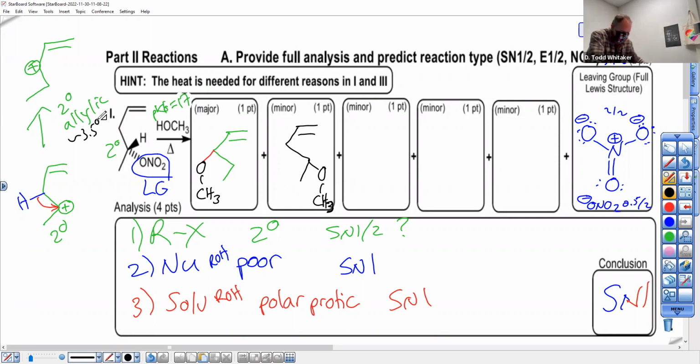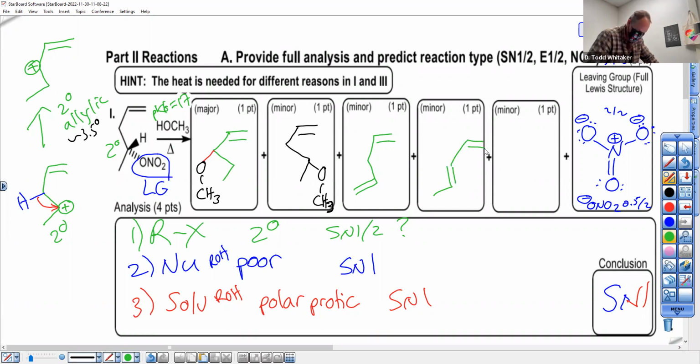Minors, you got lots of choices. I just need alpha, beta to either cation. Okay? I don't really care the order of these last three. I can go from the bottom cation and get this. I can go from the bottom cation to get this. 1, 2, 3, 4, 5.